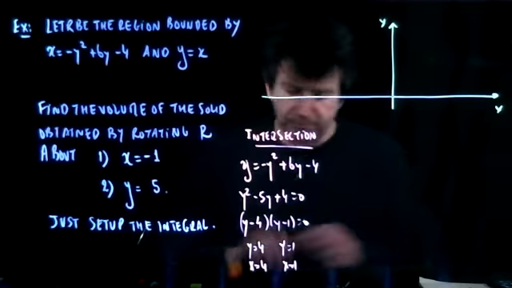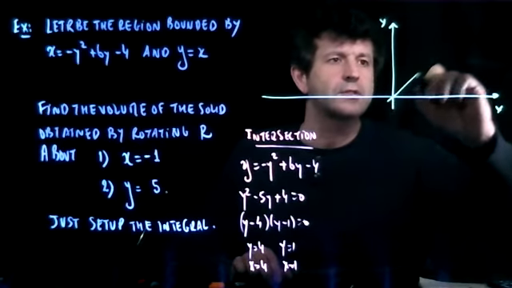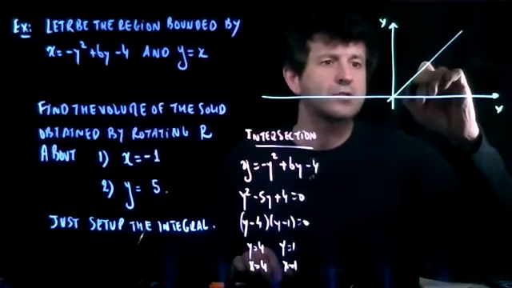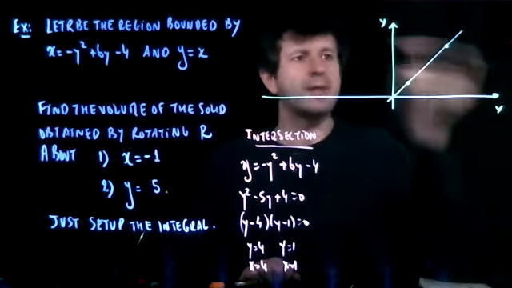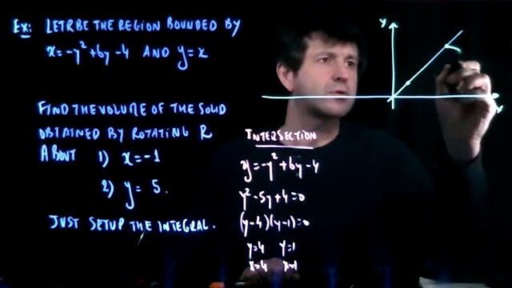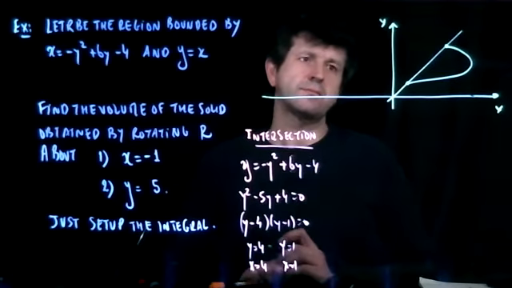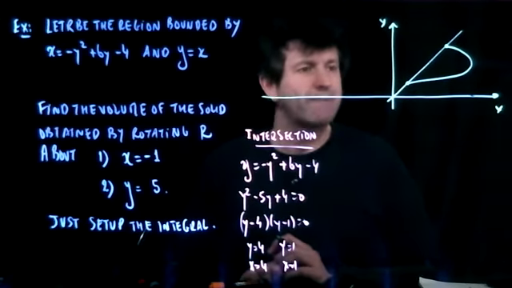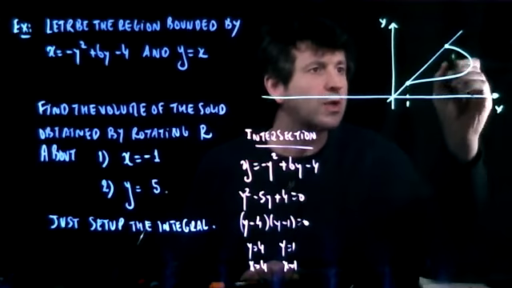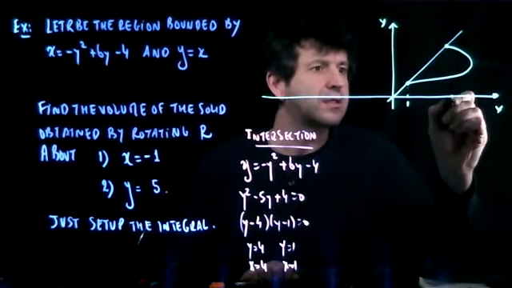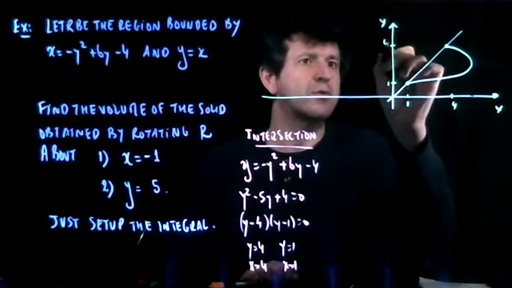So I have a straight line, y equals x, and they intersect at (1, 1) and (4, 4), and it's a parabola open to the left, so it looks something like this. You don't need to be very precise. What's important is that they intersect at 1 and at 4. So y is 1 here and y is 4 here.